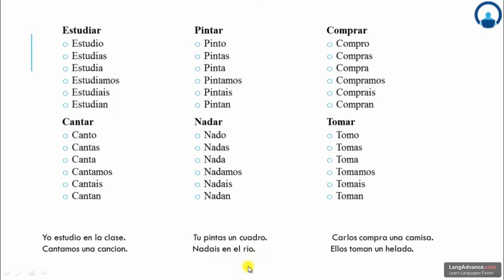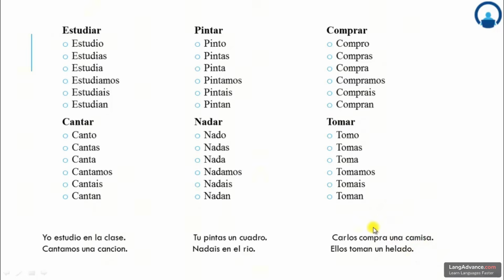Río means river. I've taken compra from the verb comprar and I've framed it like Carlos compra una camisa, that means Carlos buys a shirt. Camisa means a shirt.